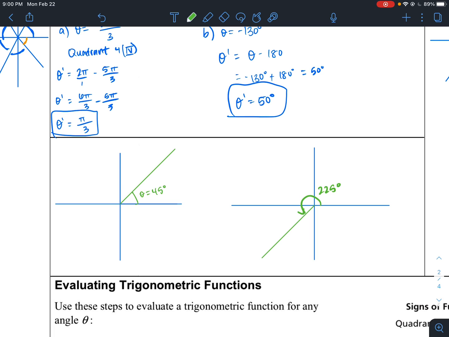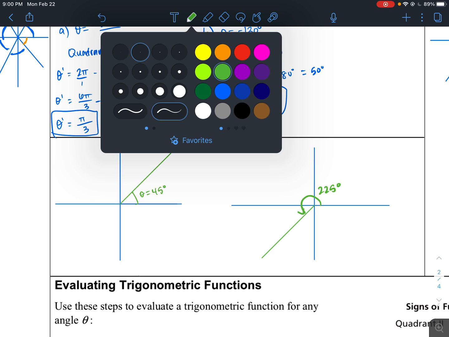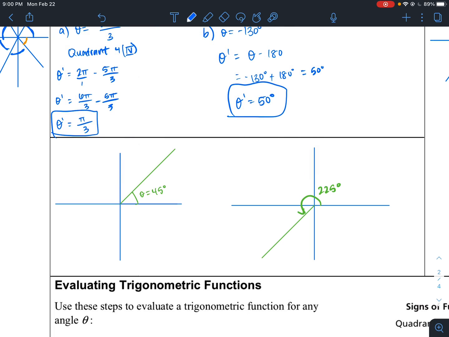Okay, now let's make our circle. Let's just draw our line that connects from right there. Let's make a right triangle out of both of these right here.